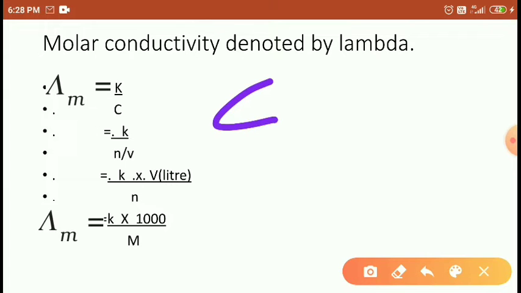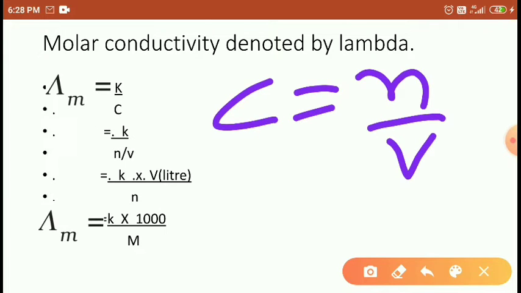Already we studied the solution chapter: concentration means moles by volume. In place of C we write n by V. So by rearranging, the formula becomes K into V by n.